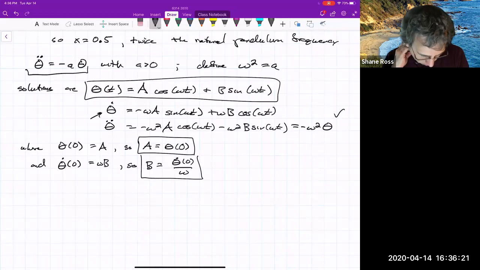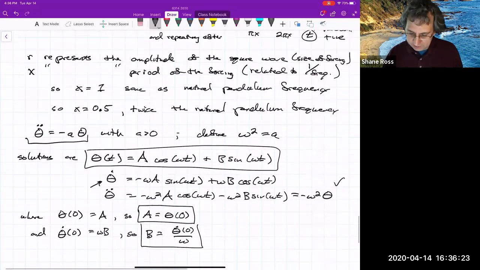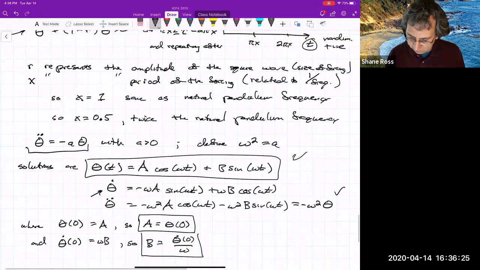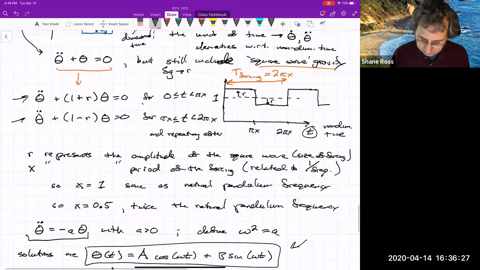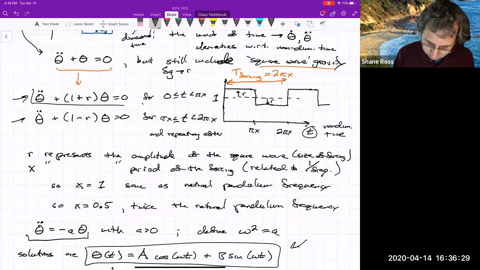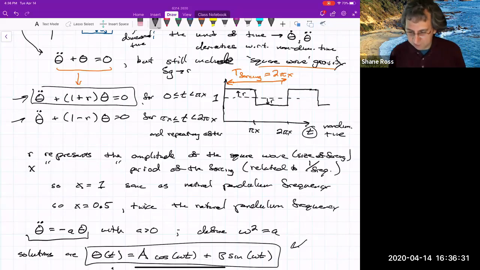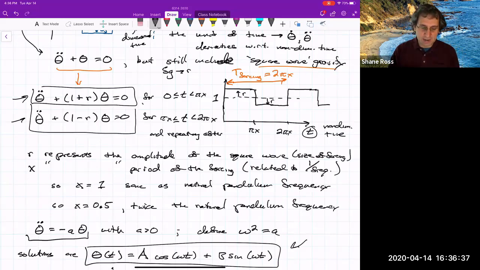Now, what do we want to do? We've got two of these solutions: one for the first half of a forcing cycle and then another for the second half. What we want to do is look at a map that maps an initial condition at the beginning of a forcing cycle to what happens halfway through, and then what happens for the second half. So we're going to construct a discrete map.